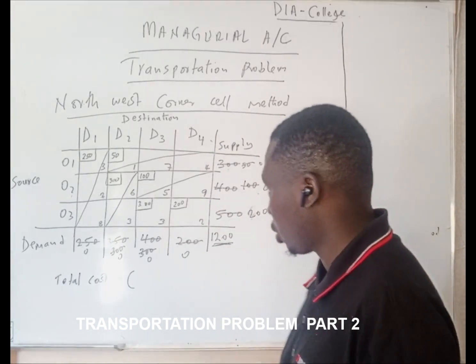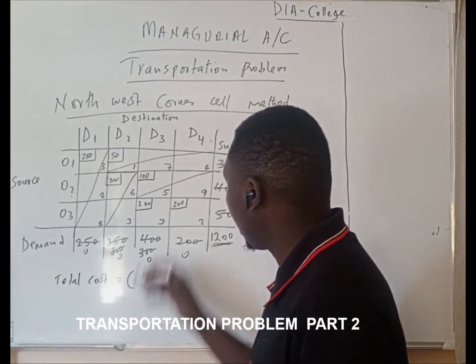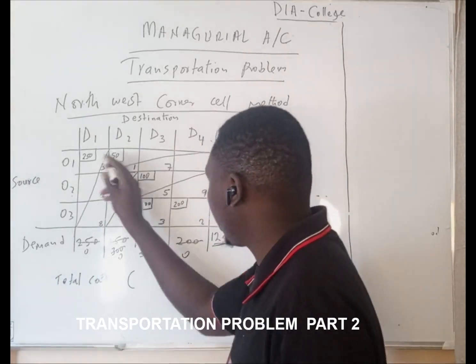So to get the total cost of transportation using the northwest corner cell method, I'm going to multiply each cell allocated by its cost.